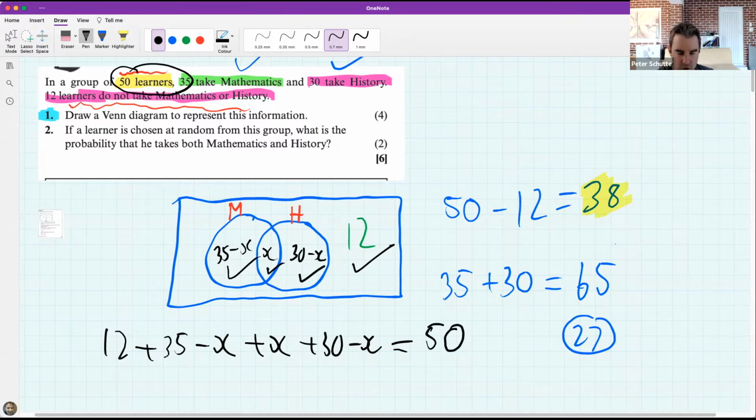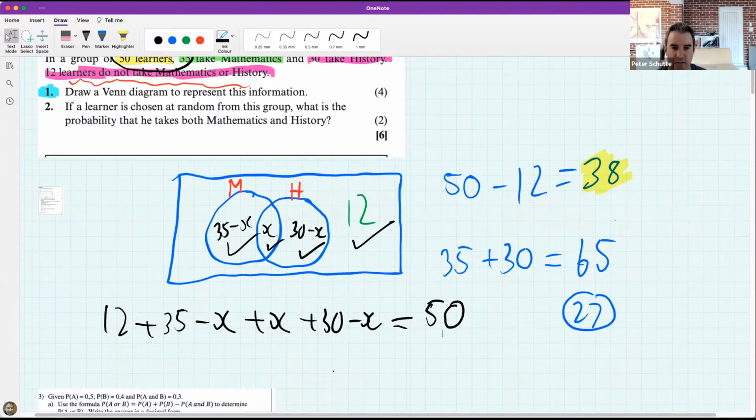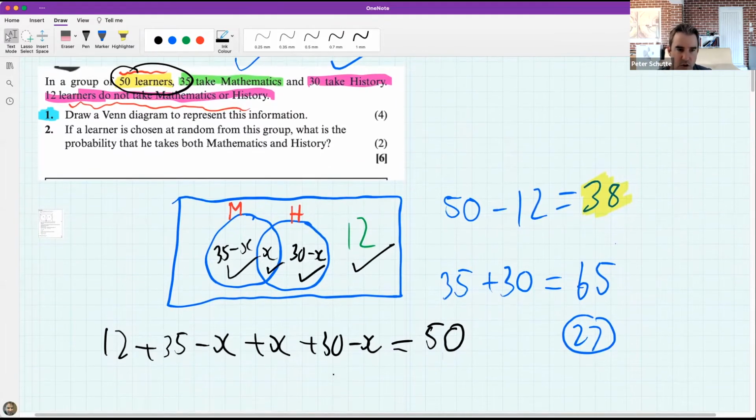I want you to work out what X is from this equation. So I want you to go through the process now. I'm going to give you a bit of time. I want you to solve this equation. And what do you get for X? And we'll see if the two methods agree or not. So let's see, what's 12 plus 35 plus 30?